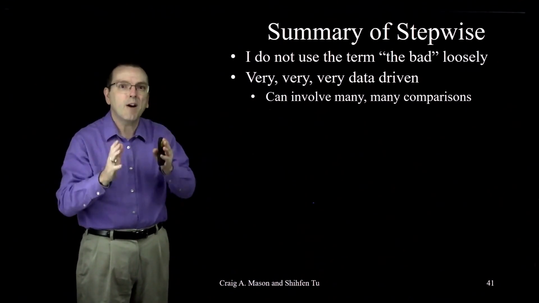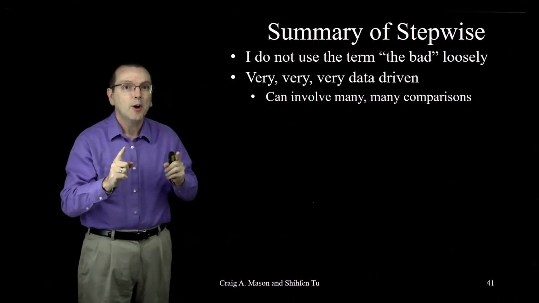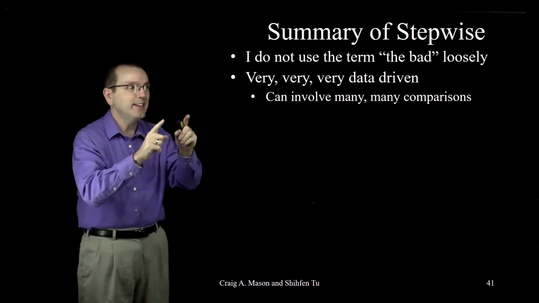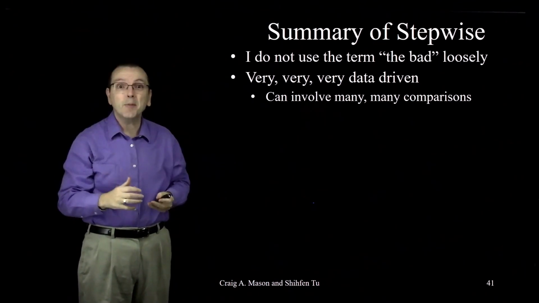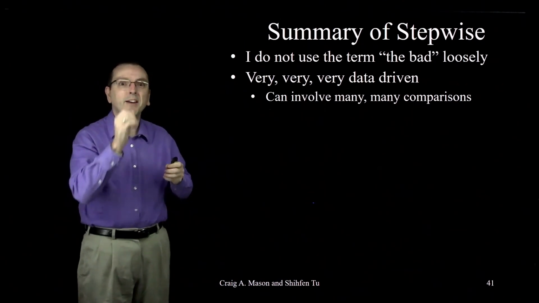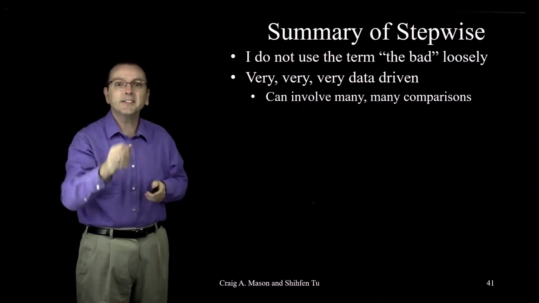Each step involves conducting a t-test of every variable, both those in the model and every single variable on that potentially long list of variables that are not in your model. And then you test every one of them again on the next step, and the next step, and the next step, and the next.